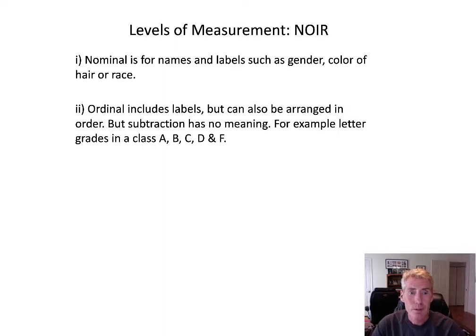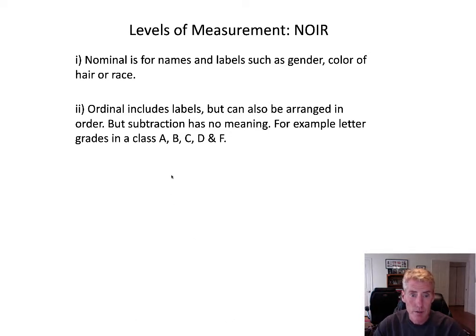Next up, we're basically taking the nominal information and now building it up just a little bit. So it includes names and labels, but they could be put in order. The example I like to use is grades in a class, A, B, C, D, F. First of all, they're just names. A is a name, B is a name or a label, but there is an inherent order.